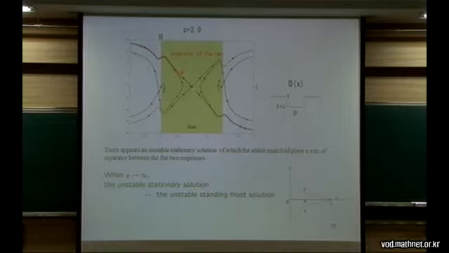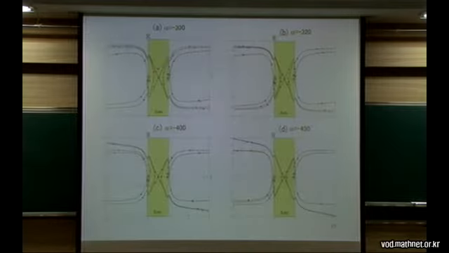This stable manifold separates this and this. These red lines separate along the stable manifold. Above this stable manifold, the solution passes through, and below this manifold, it returns. So this stable manifold is the separator of these two cases.